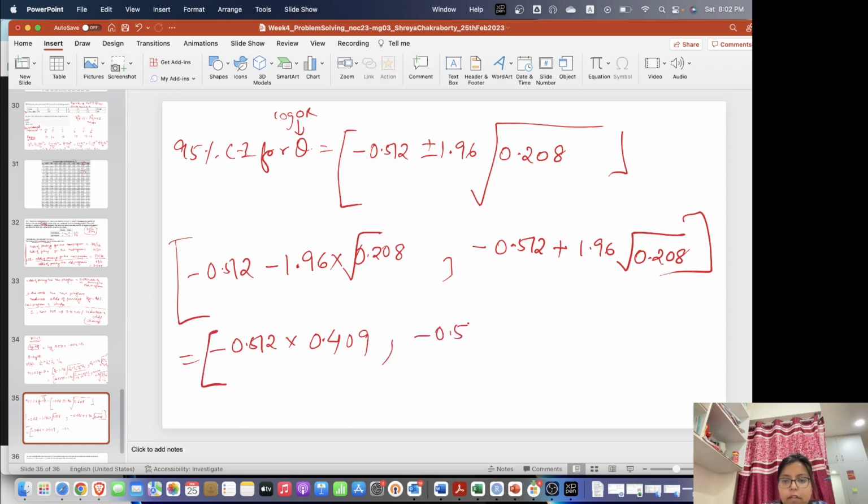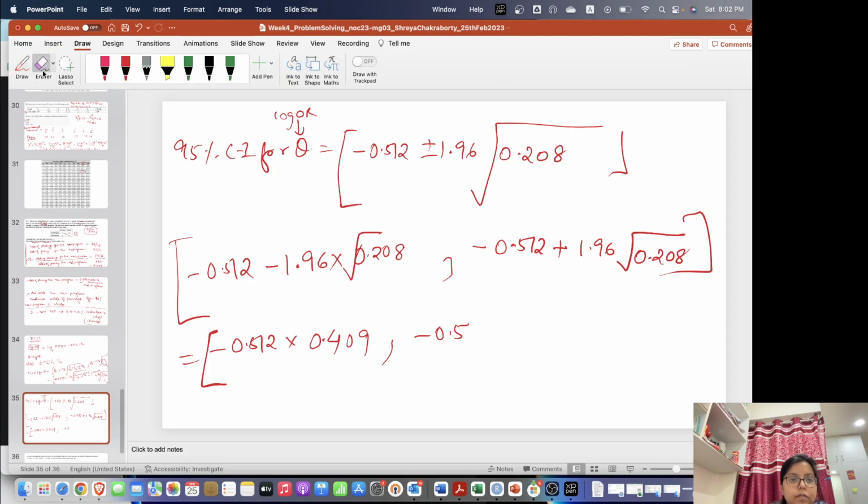Sorry, this one will be... no, 1 second. So square root of 0.208, this is 0.456, sorry.